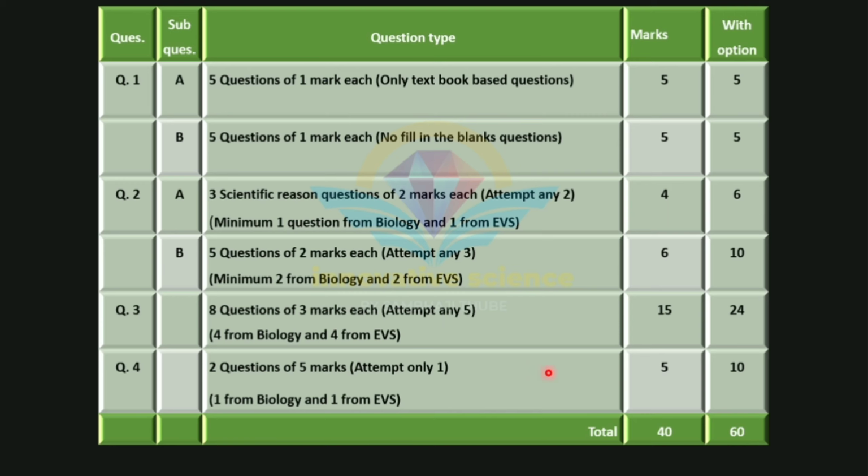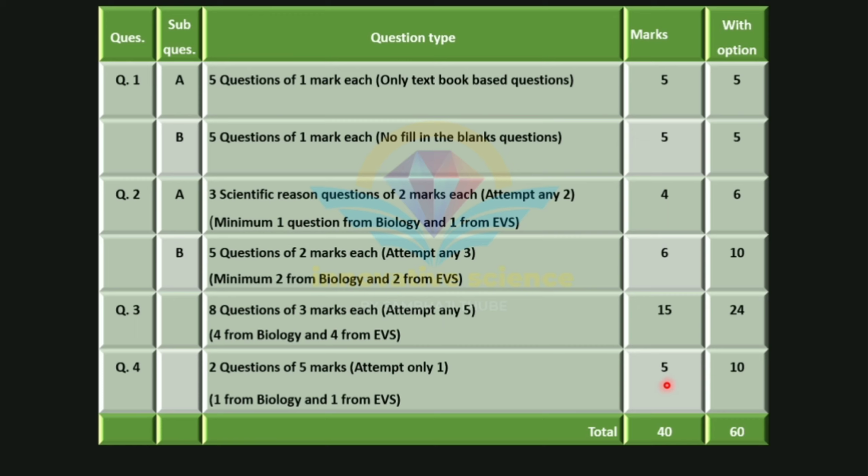So, let us see the total marks. Question number first will be 10 marks. Question number second will be 10 marks. Question number third will give you 15 marks, and the last question contains 5 marks.